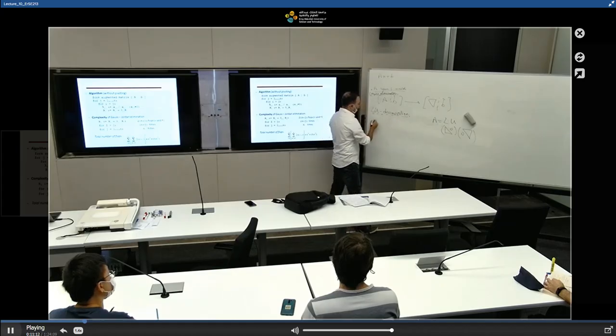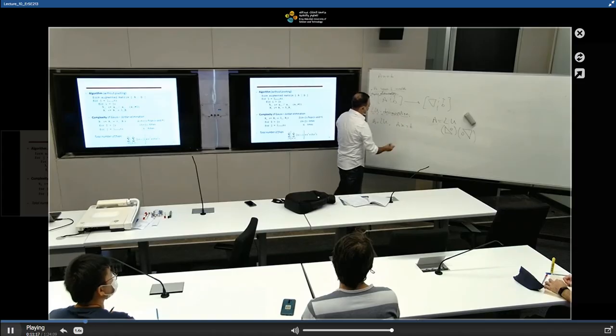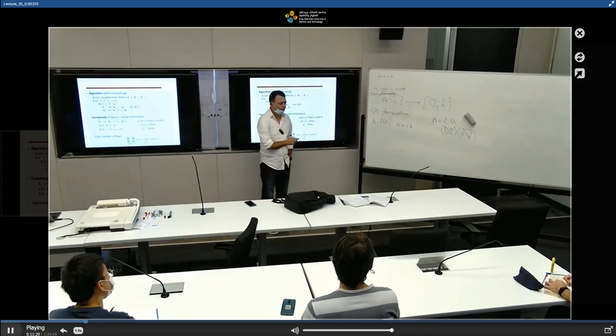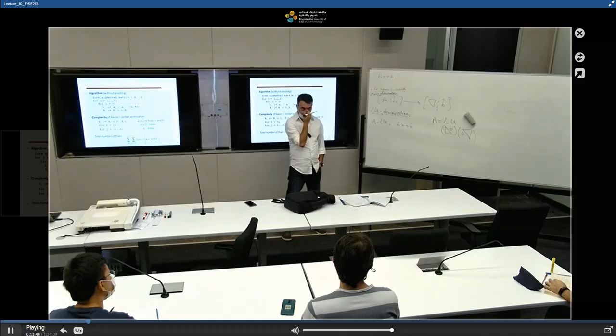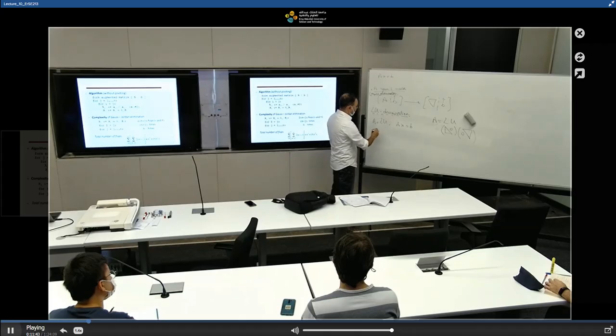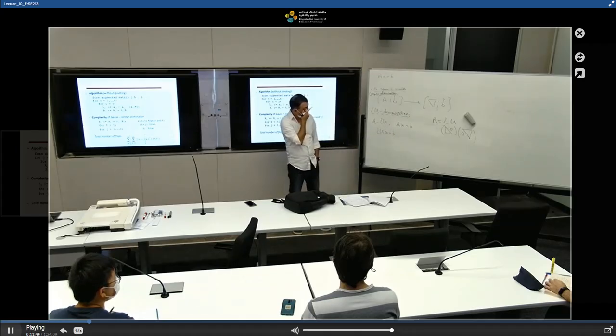Okay, assuming I have A equals LU, how do you solve AX equals B? I take L and plug it in for A, I get LUX equals B, right? How do I solve this?